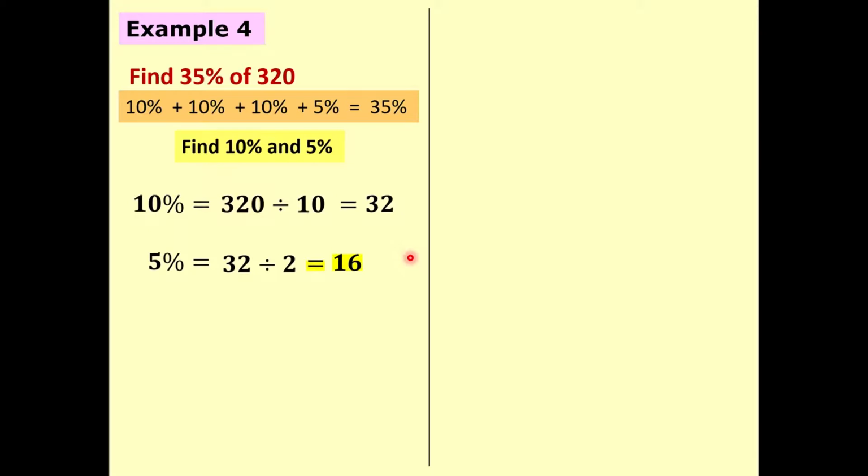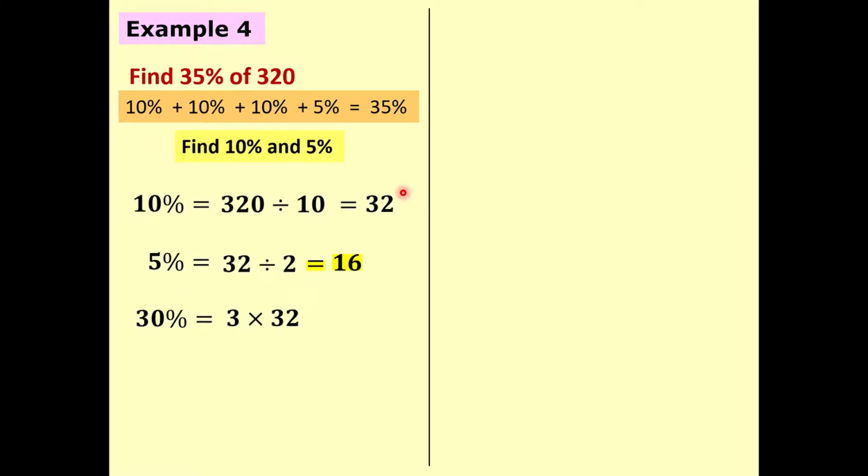And we're now trying to build up until we get to 35. It would definitely help us out if we found out what 30% was. And 30% is 1, 2, 3 lots of 10%. So because we know that 10% is 32, we're just going to times it by 3, or add it together 3 times.